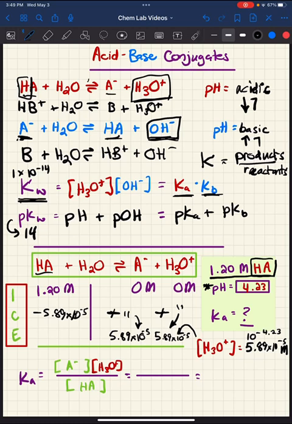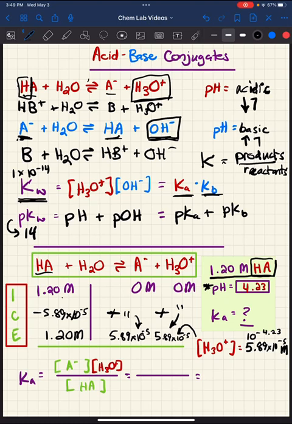However, based on the number of decimal places we have written, aka the number of sig figs we have for our HA concentration, we're not even going to see that difference show up in our number. So I'm just going to write 1.20 molar as our final equilibrium concentration of HA as well. And remember, these are weak acids.